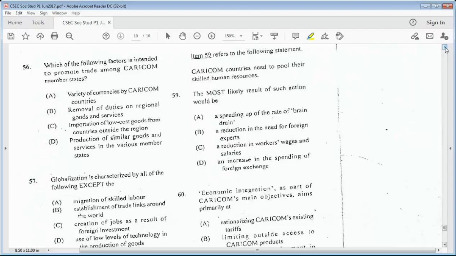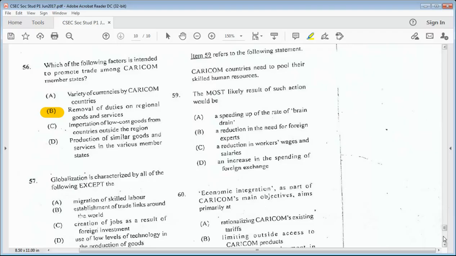D, production of similar goods and services in various member states. Our answer would be B, removal of duties on regional goods and services, intended to promote trade among CARICOM member states.